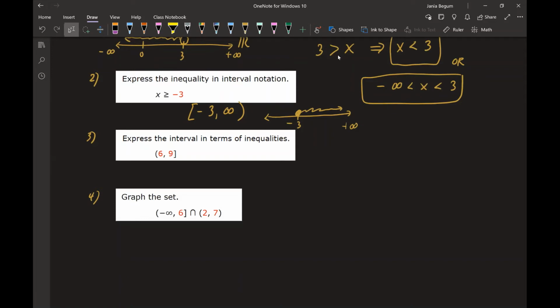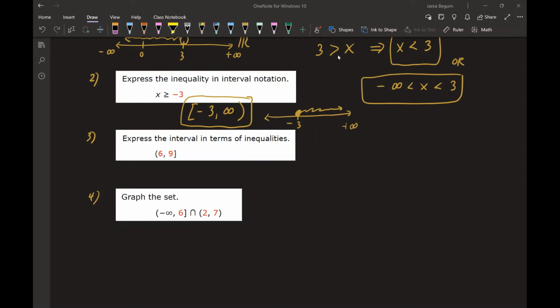So x is greater than -3, or x is greater than or equal to -3. Yeah. So this is correct. So you start at -3 and then you go to infinity, including -3, because we have equal to here. Any questions on this?